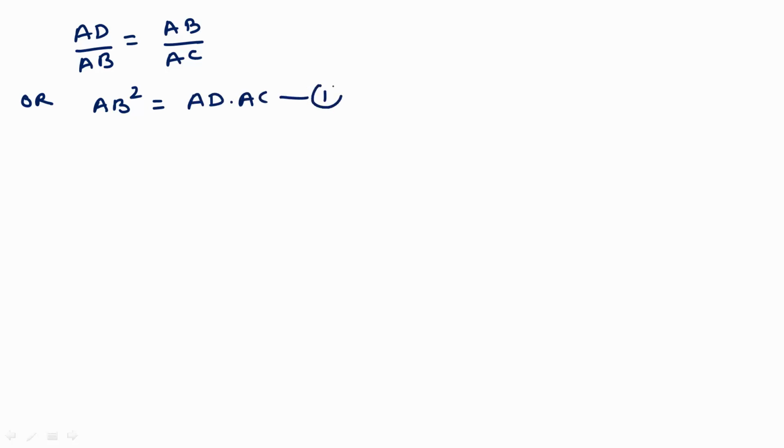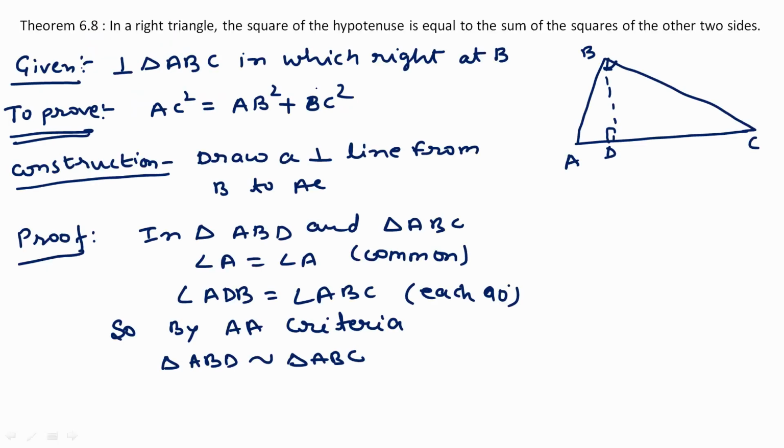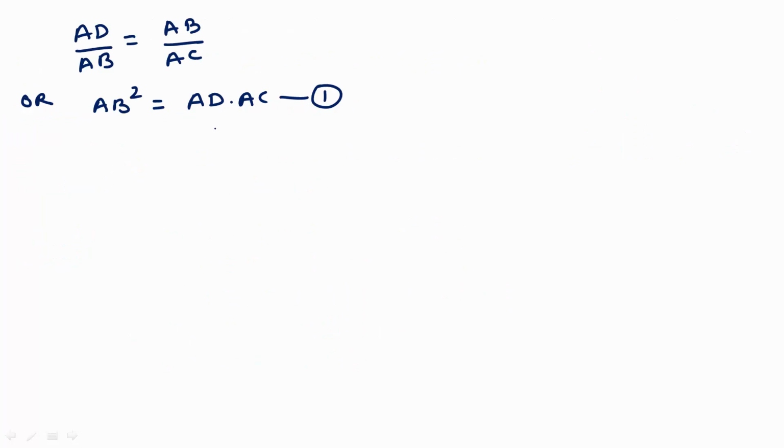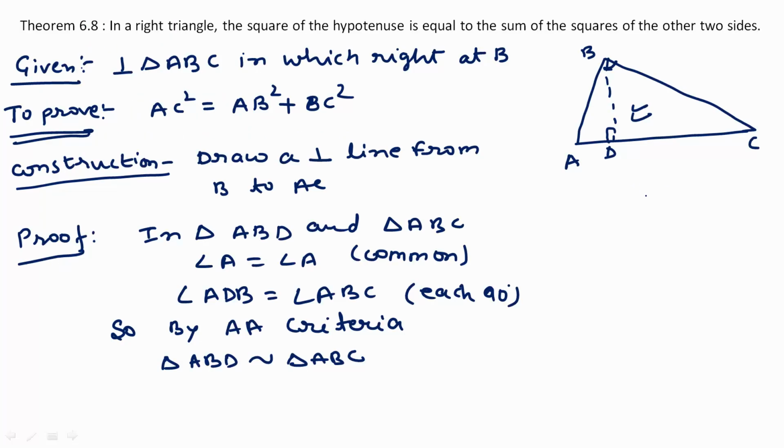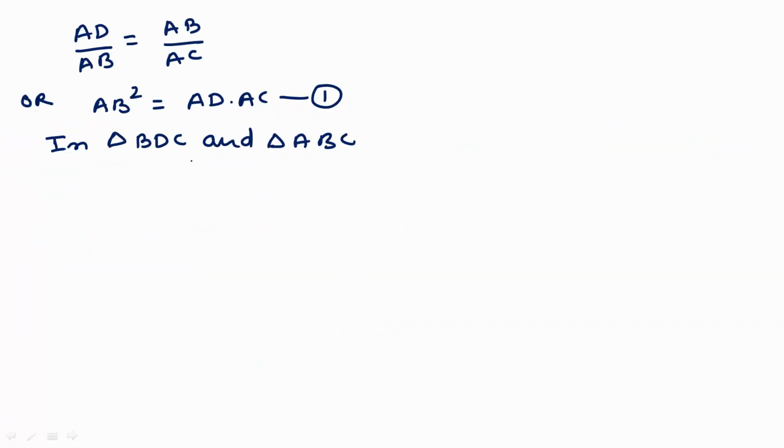This is number one. Again, see triangle BDC and the whole triangle ABC. In triangle BDC and triangle ABC, angle C is equal to angle C. This is your common angle.